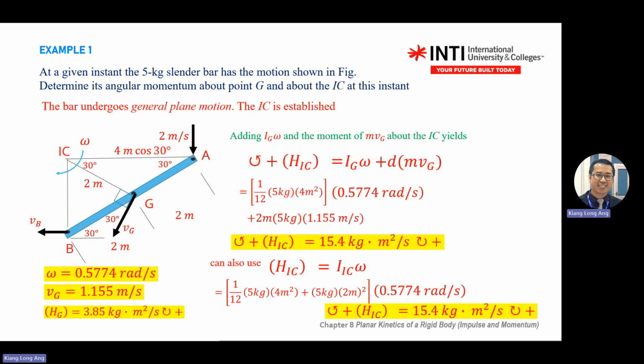Okay, refer to table. Okay, so as you can see on example 1, another method is that you can use IC method. H equal to IC method. To use IC, you need to find the velocity and the omega.